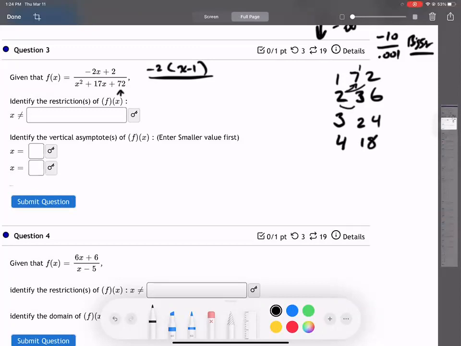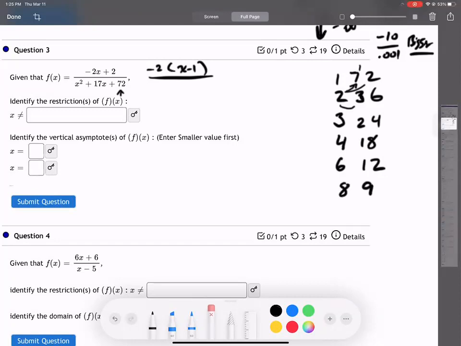Let's see, are there any other options? Let's keep on going. 5, 6. We know we can do 6, that's 6 and 12. 7 doesn't work, right? Does 8 work? 8 does work. 8 and 9. All right, so these are my only options for breaking up 72.